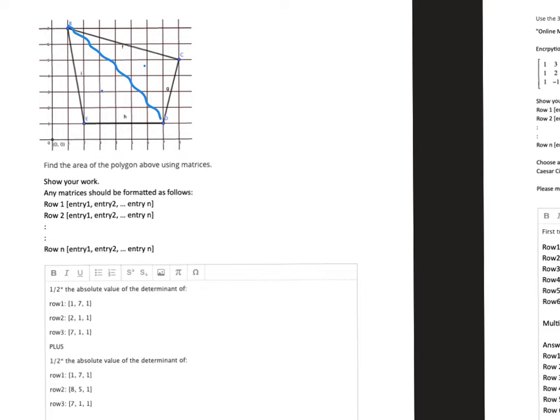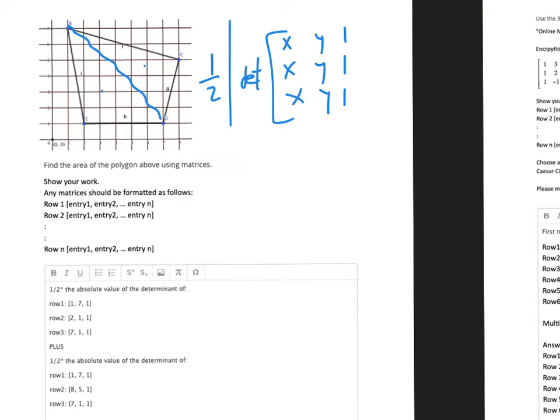Now, the formula for finding the area of a triangle using matrices is 1/2 the absolute value of the determinant of x, y, 1, x, y, 1, x, y, 1.